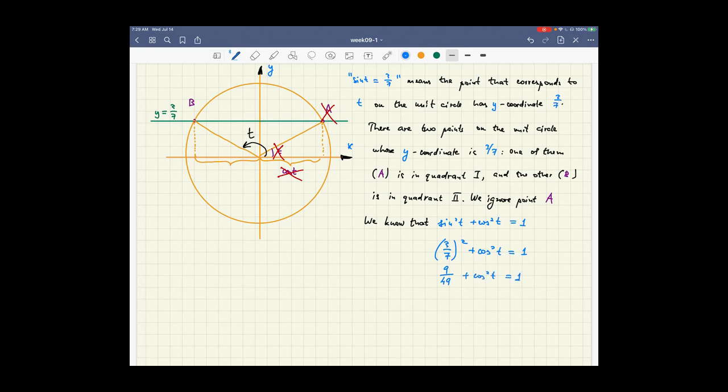Now, if you move 9 over 49 to the other side, you get that cosine squared equals 1 minus 9 over 49, which is 49 minus 9 over 49, which is 40 over 49.